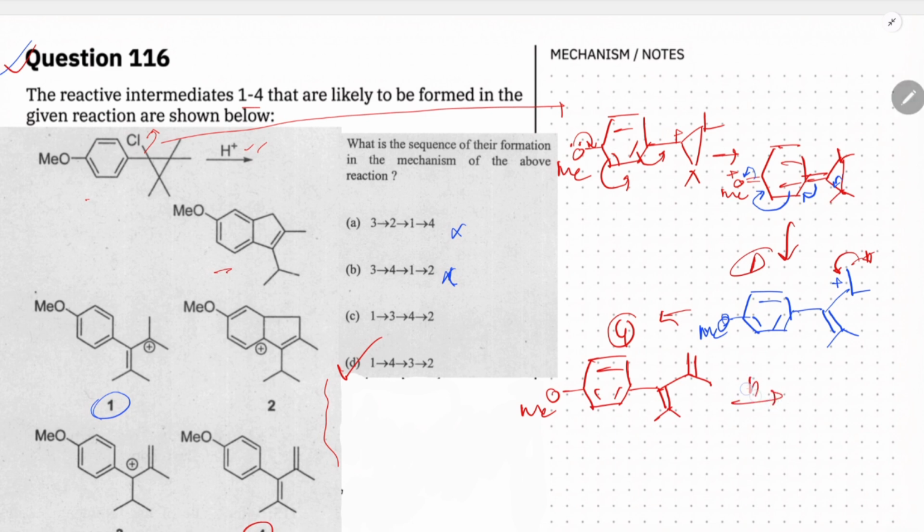After that, in presence of H plus, this will abstract the proton from this side and will give OMe. This is plus, double bond this. Now when this intermediate is formed, so the correct answer will be D.